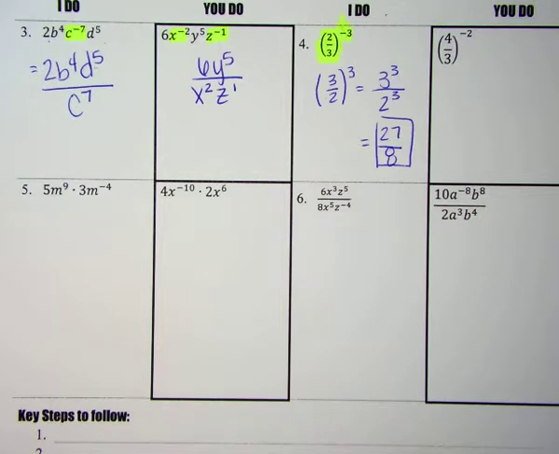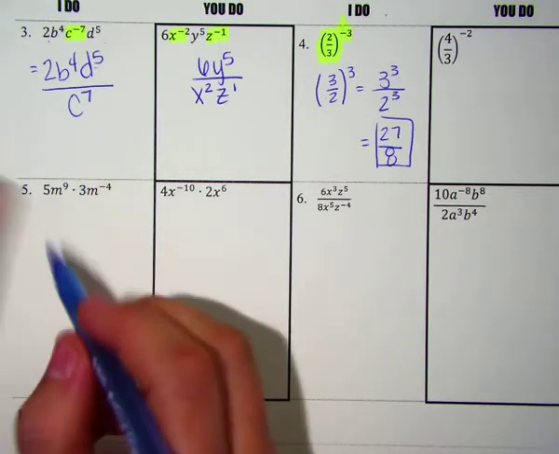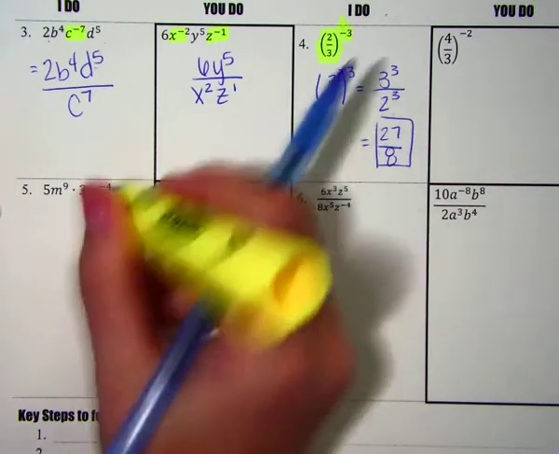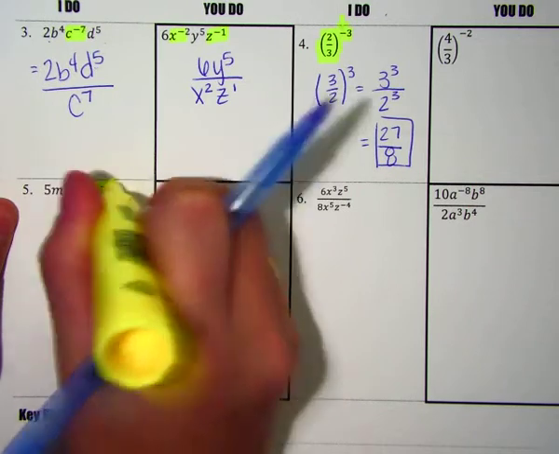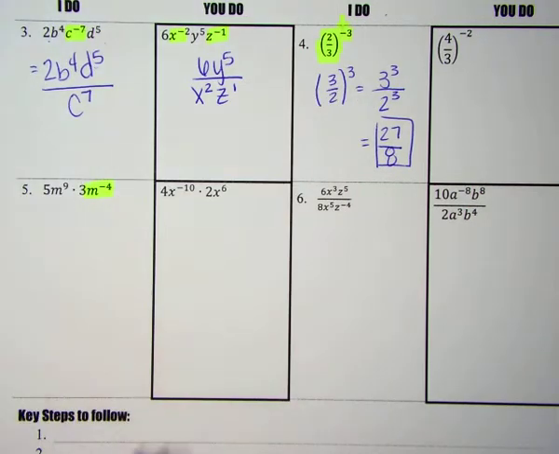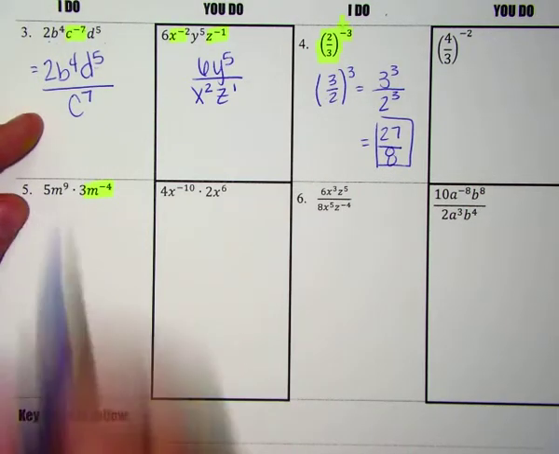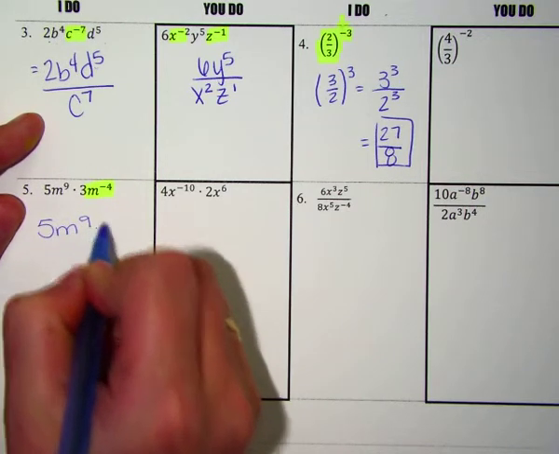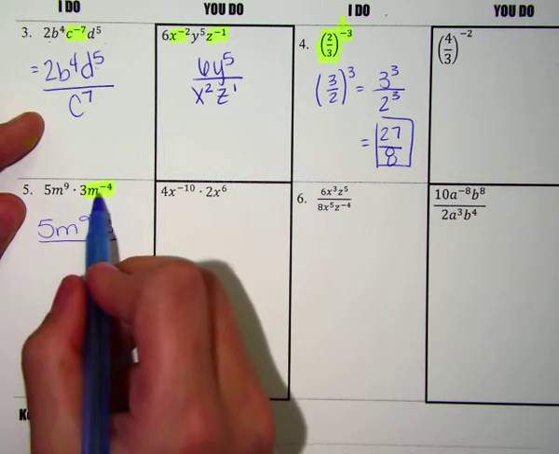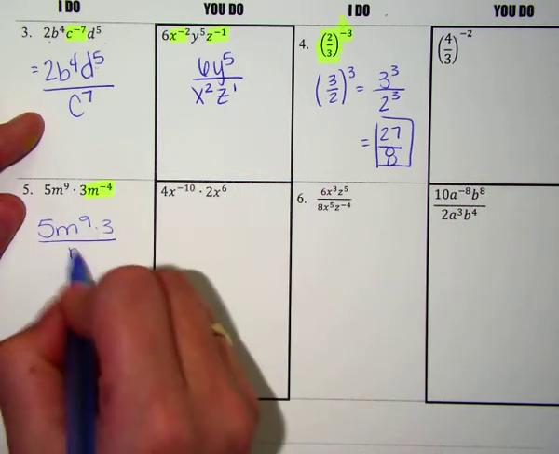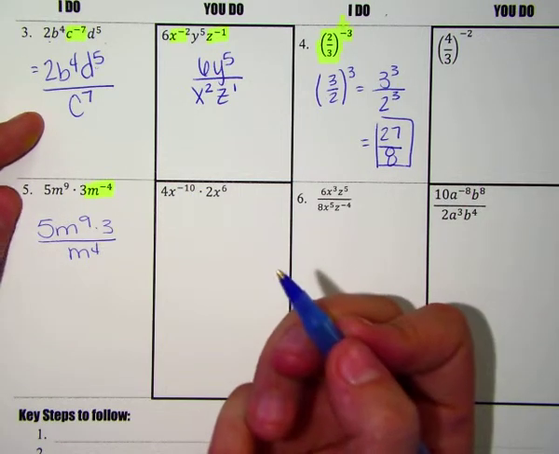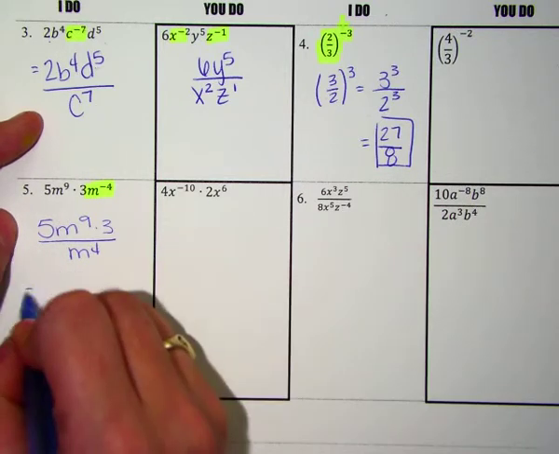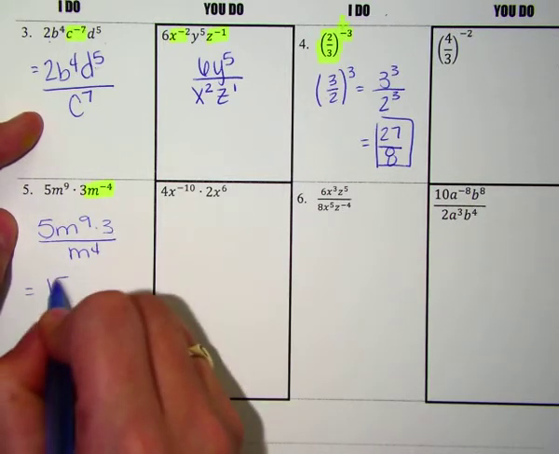For number 5, I'm actually going to do this. Yeah, here we go. So the base that has a negative exponent is just that m to the 4th. I'm going to rewrite everything that's staying in the numerator. And then the only thing that's going to the denominator is m to the 4th. Now this becomes just like every other problem. We still need to simplify. 5 times 3 would be 15.